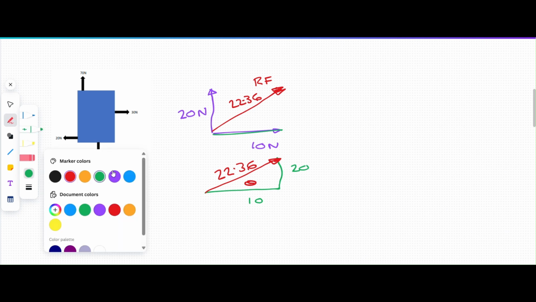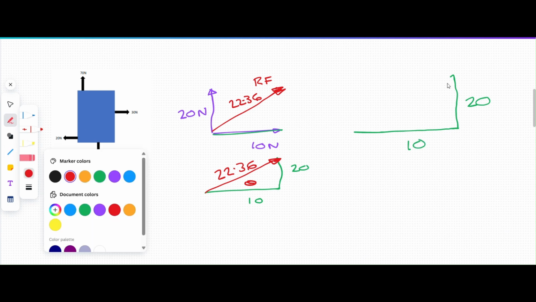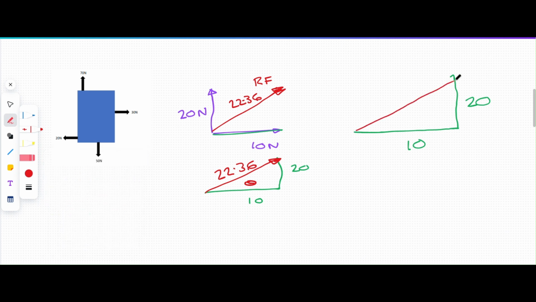I've got 20 there and 10 there, not to scale. And then I'll draw this resultant in red, 22.36, that's from before. And we want to find the angle in there.